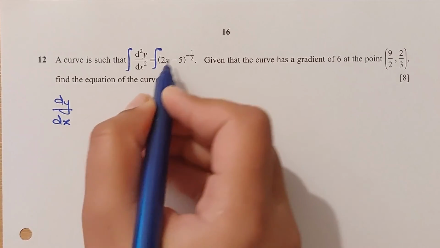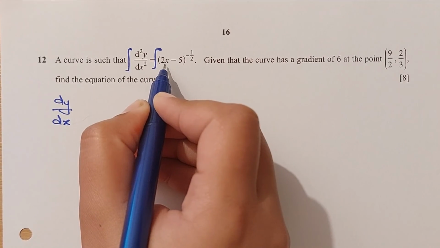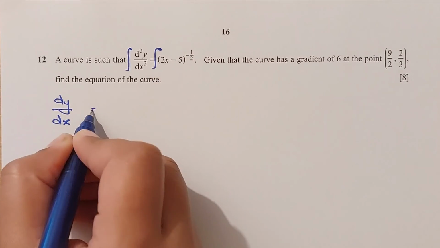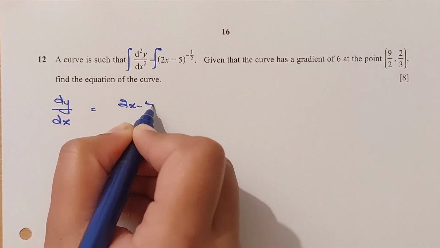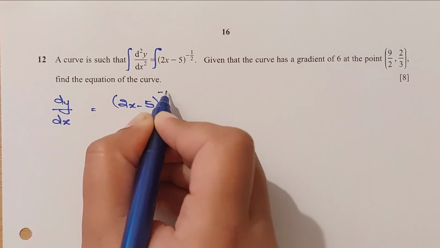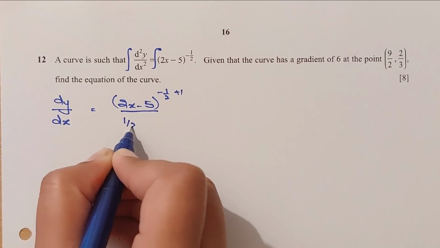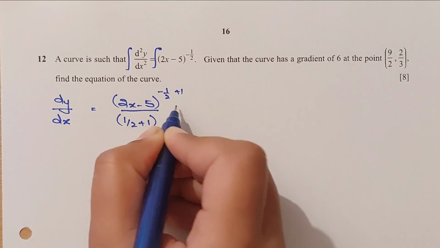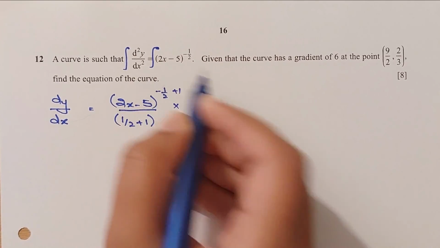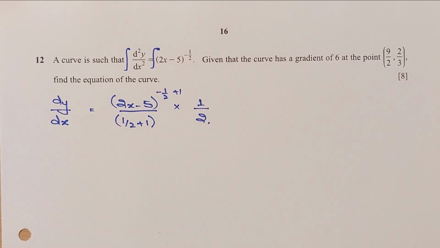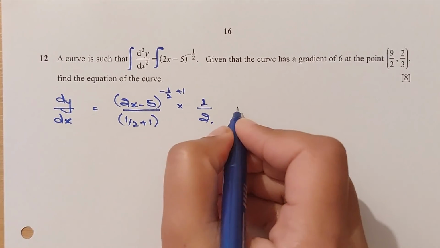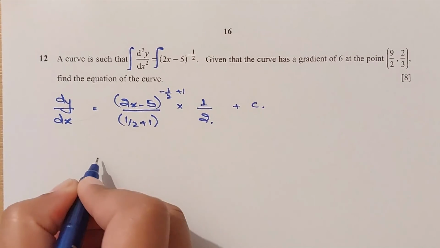To integrate this function, we can apply the power rule here, and we have 2x minus 5, its power is n plus 1, 1/2 plus 1, divided by 1/2 plus 1, and times 1 over the derivative of this function, which is 2, plus some constant of integration as well, right?